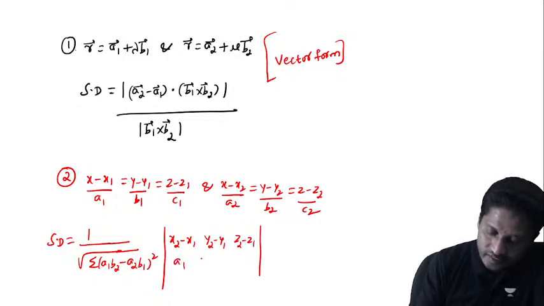DRs of the first line are a1 b1 c1, DRs of the second line are a2 b2 and c2.